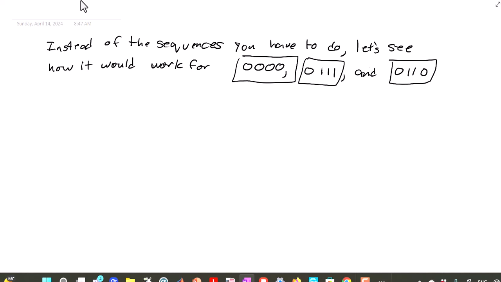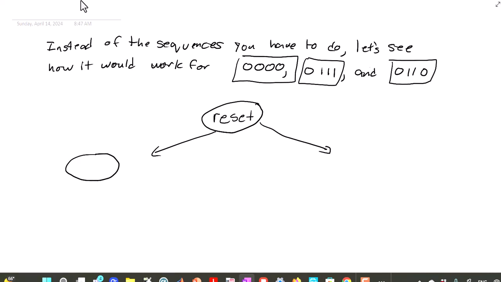So we'll start by doing a state diagram and say that we start with some sort of reset. And then from the reset, now this is Mealy because you're supposed to get the output on the 4th bit of the sequence. So our first step toward getting a sequence would be having just a 0 or just a 1.